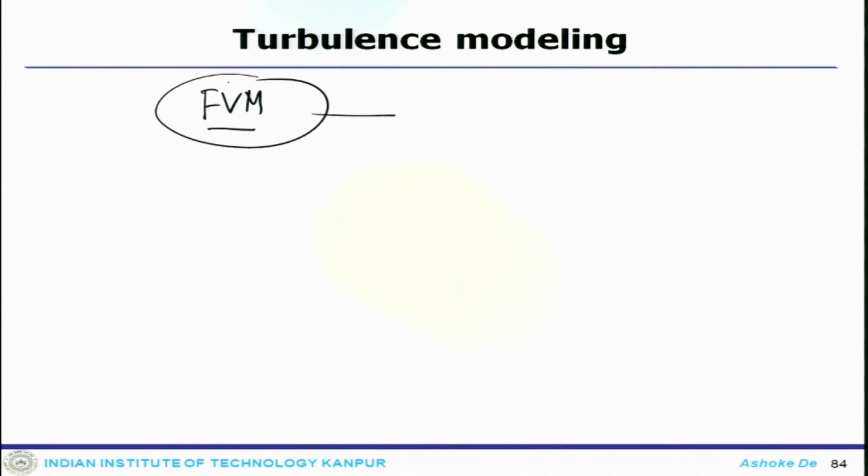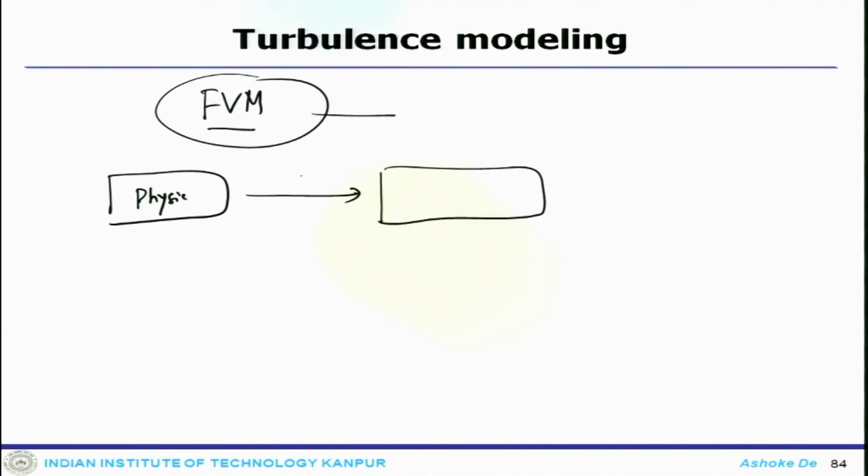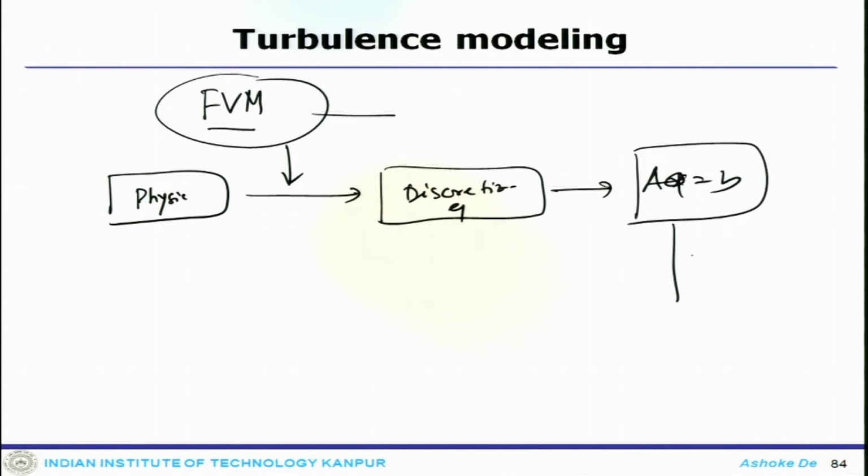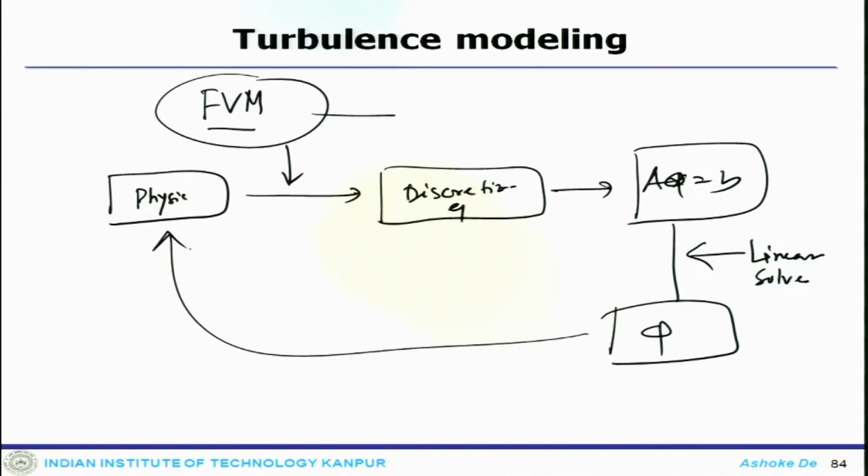For the finite volume method, the prime objective of any CFD is that you have a physical problem, which is transformed into a discretized equation, which is nothing but a linear system Ax equals b. Then you apply a linear solver which gets you a solution, and that solution should represent the physical problem.